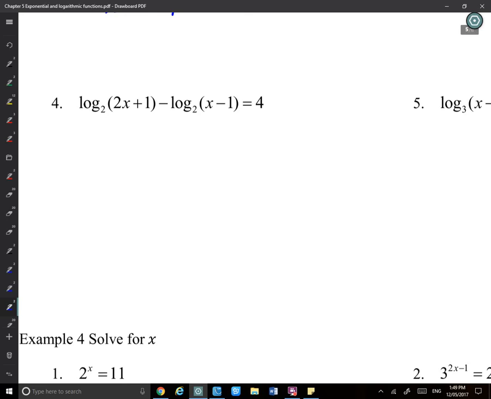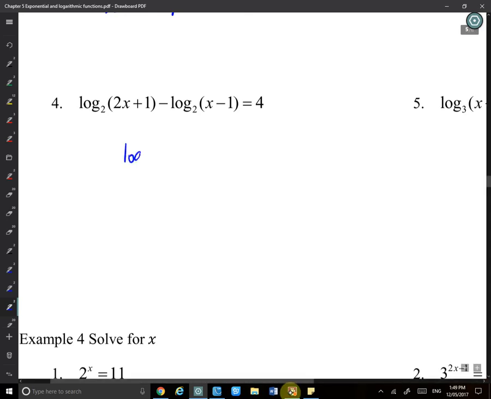Log 2, 2x plus 1 minus log 2, x minus 1 equals 4. What we'll have is log 2, bracket 2x plus 1 divided by x minus 1, equals 4.